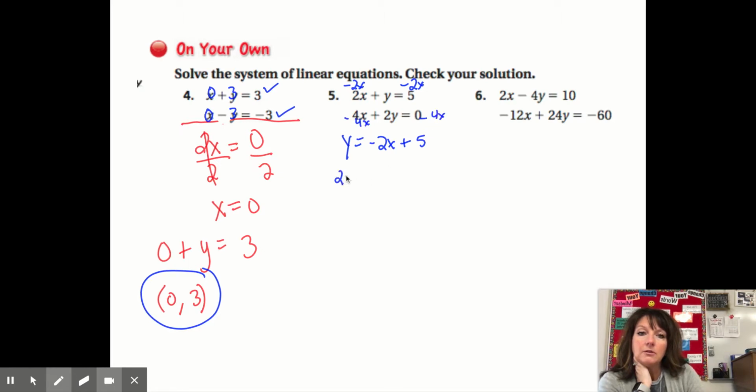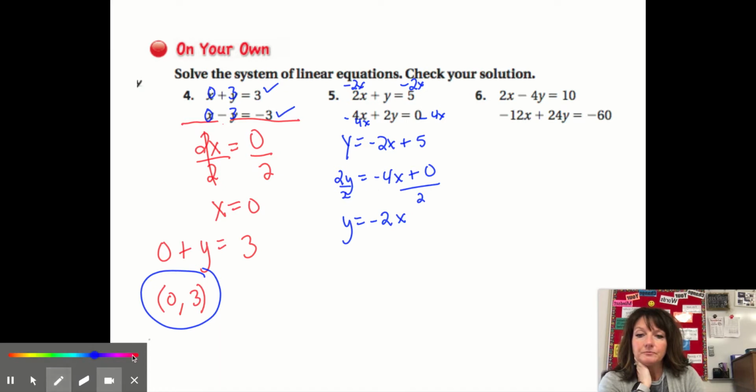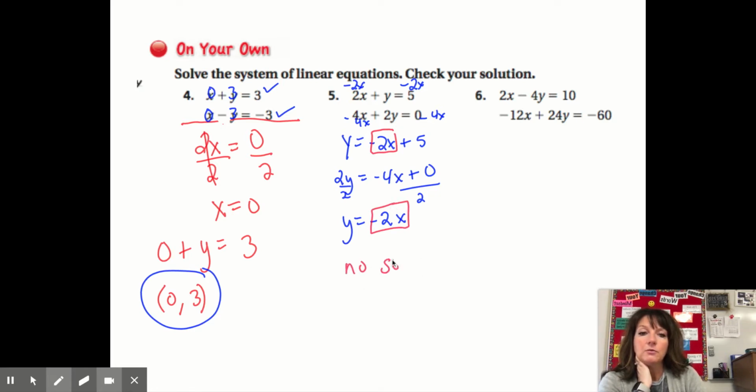So we'll get 2y is equal to negative 4x plus 0, divided by 2. So y is equal to negative 2x, since 0 divided by 2 is 0. You can tell right here that we have the same slope right here and right here, right? We know that there will be no solution because of the same slope, okay?